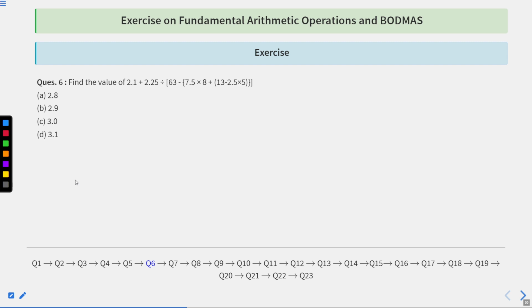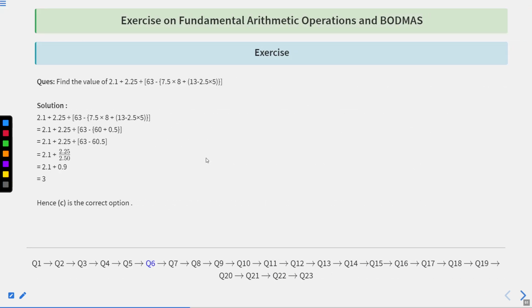Find the value of 2.1 plus 2.5 divided by 63 minus 7.5 times 8 plus 13 minus 2.5 times 5. So in this expression, let us first of all solve the brackets here. So we are going to resolve this bracket first.